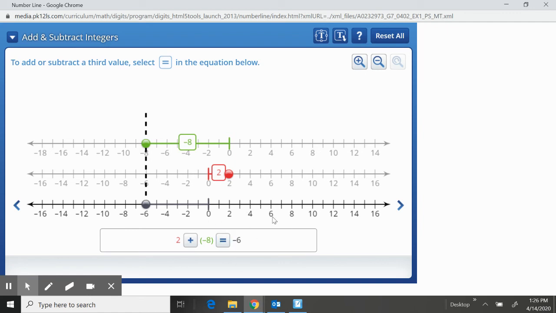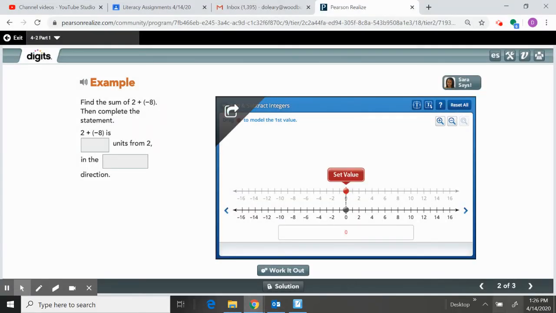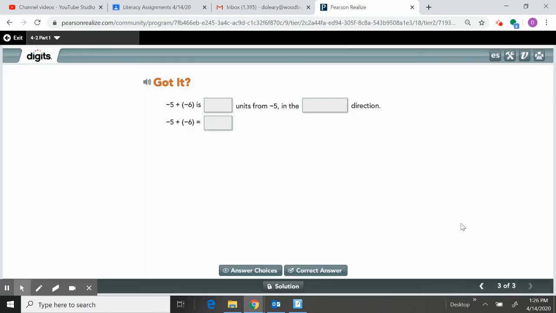I'm going to ask you to try that too when you get onto Desmos today, just like I did. If you have problems, look back at the screencast. All right, so there we did that. Part 3: negative 5 plus 6 is how many units from negative 5? It is 6 units from negative 5.